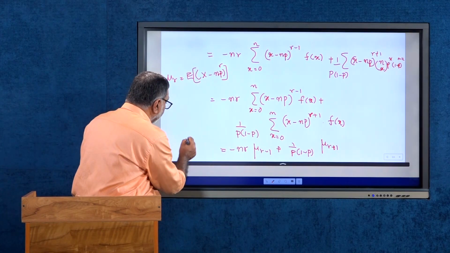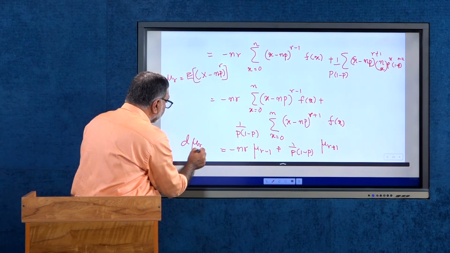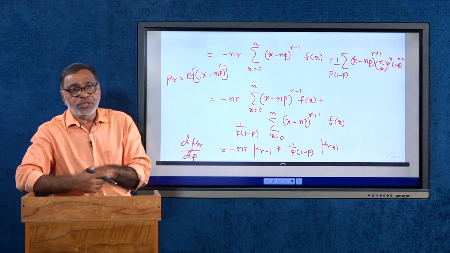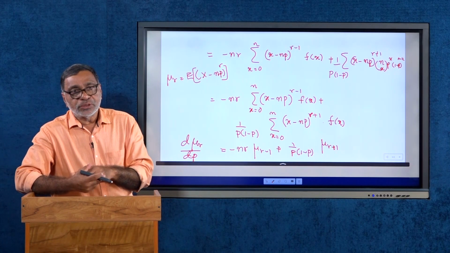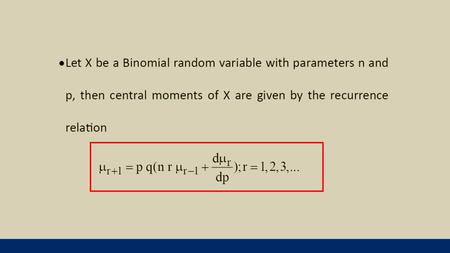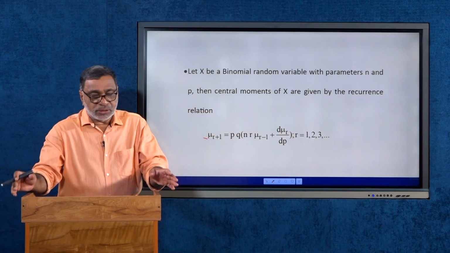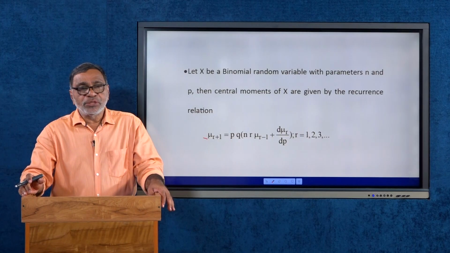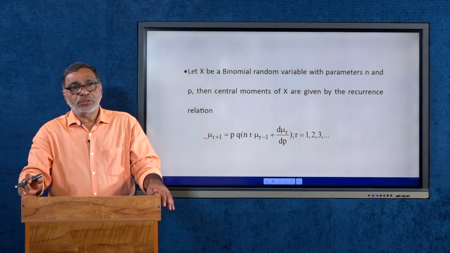So, we started from the derivative of mu r with respect to p and this is obtained. Simplifying, we will get the result mu r plus 1 is equal to pq into nr mu r minus 1 plus derivative of mu r with respect to p. So, this is the recurrence relationship between the central moments of binomial distribution.